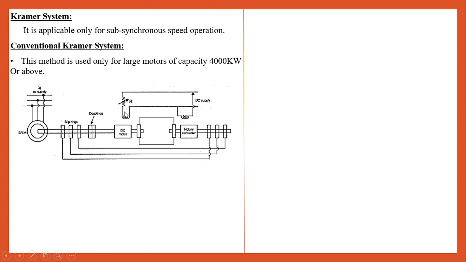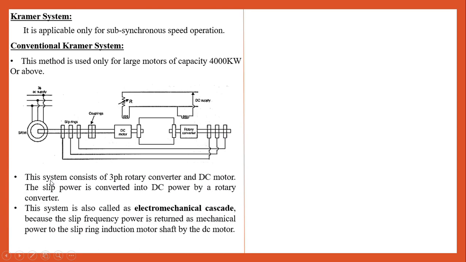These are the field coils of the DC motor and the rotary converter. This is the slip ring of the rotary converter. Dear student, the system consists of a three-phase rotary converter and a DC motor. The slip power is converted into DC power by a rotary converter.